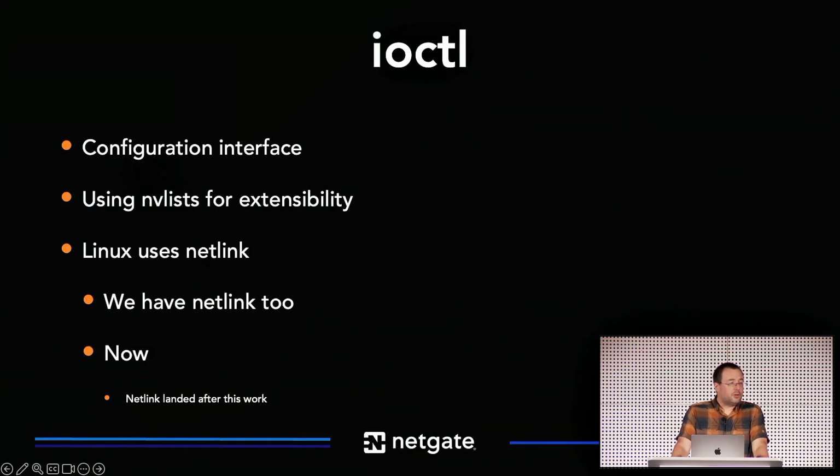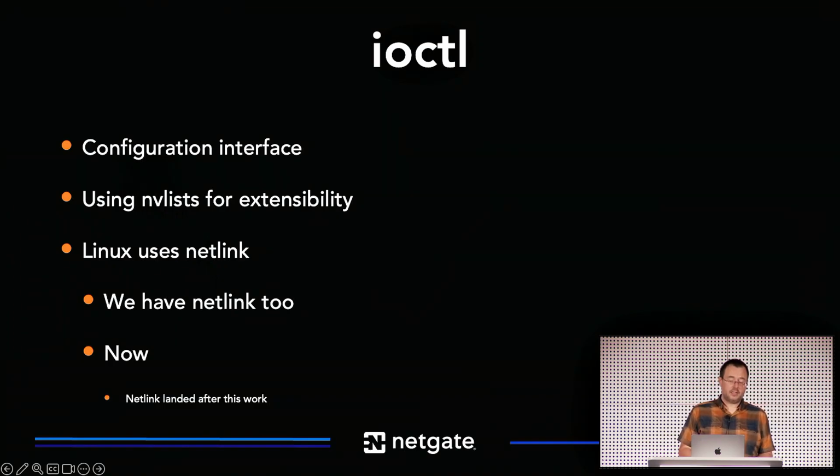Linux uses netlink for this. It would take us too far, but tackle me in the hall or something, and I will confess that netlink is a better solution to this problem. FreeBSD now also has netlink. Operative word there being now. While I was implementing the if_ovpn driver, FreeBSD did not have netlink.